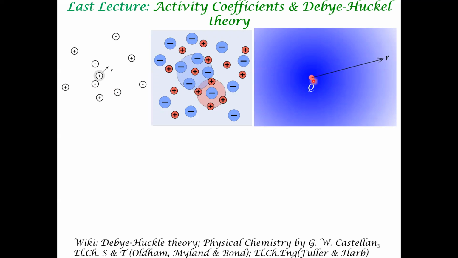So what they did was they focused on a particular ion of charge state, let's say Q. And then all the rest of the ions in solution are not given any identity, they are smeared out in the surrounding medium. So if there is a charge state Q of this particular ion, if I integrate the charge of the rest of the system, just excluding this ion, I should have a charge of negative Q because the net solution is neutral.